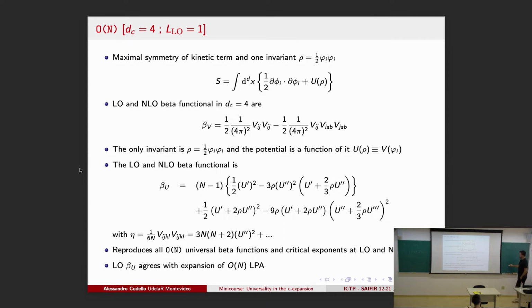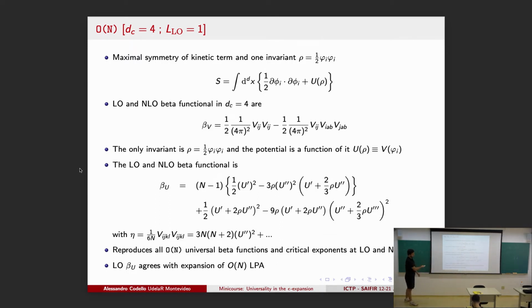So the potential we are going to write in terms of U of rho. Now, the beta functional, as we have seen, is only this expression here. So what we need to do is convert this expression into an expression for the potential U of rho.